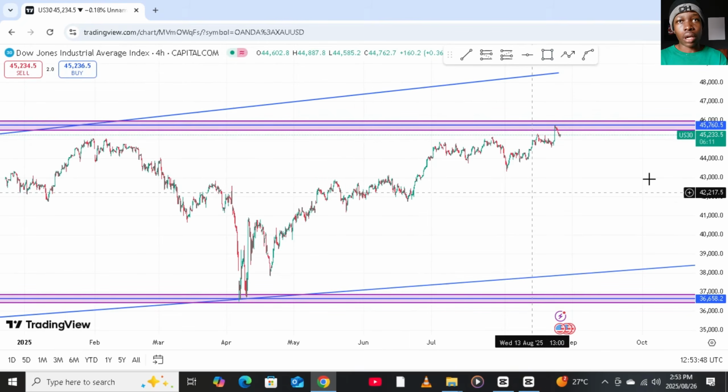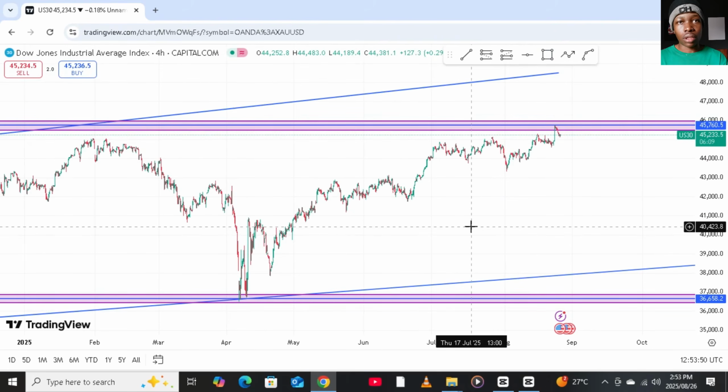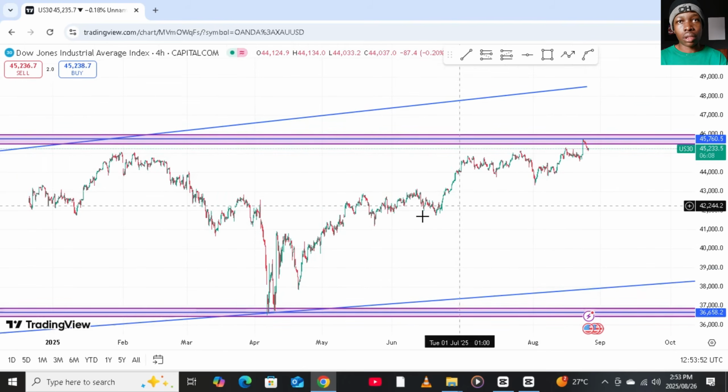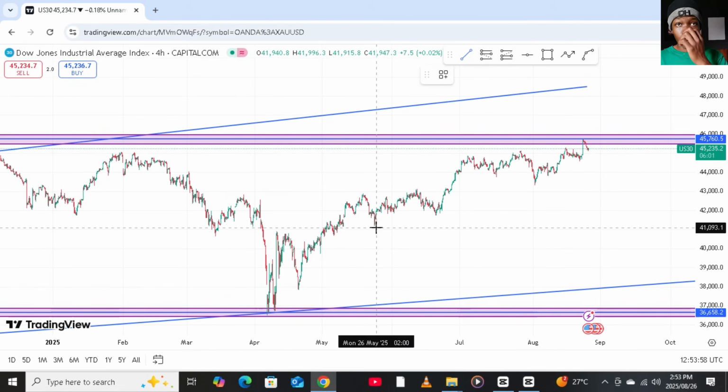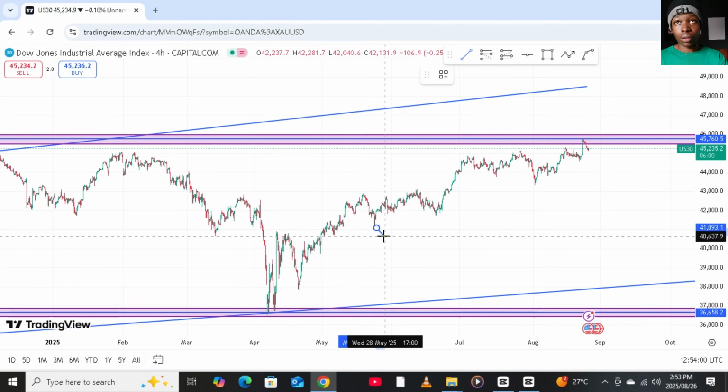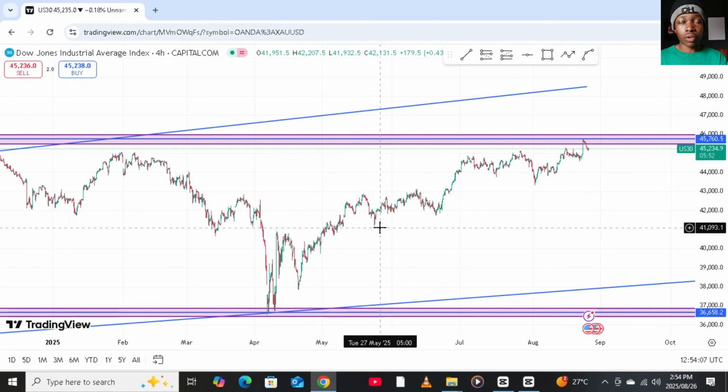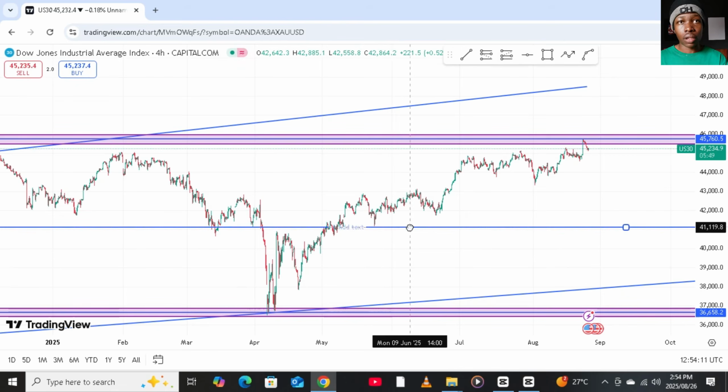Where is our trend line? Okay, where was this trend line? I think it was this one, this low right here. Let's check. Draw a line on this low right here, guys. Oh no, sorry, on this low right here. Yeah, this is the low. So draw a line on this low right here, just like this, right?